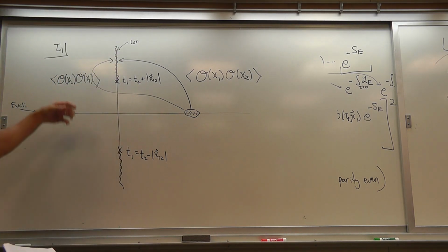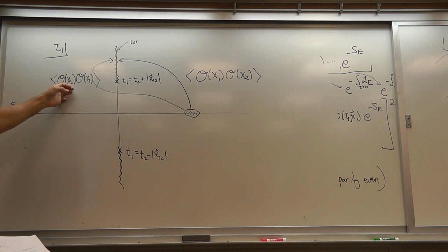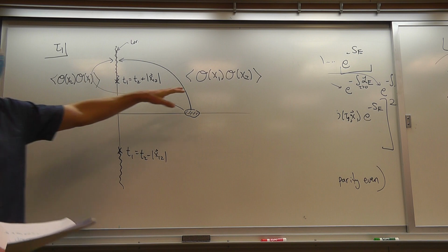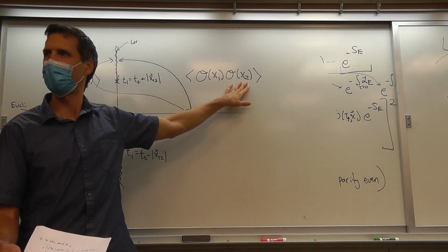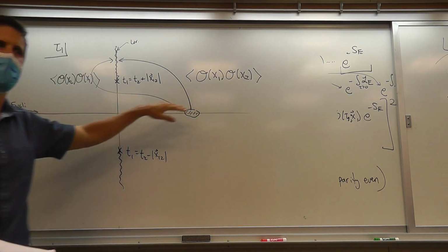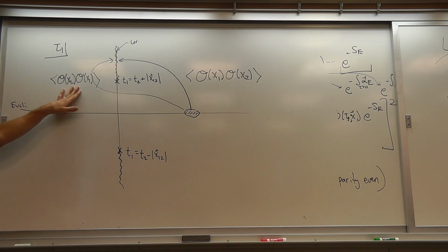But the point is, let's think about it in reverse. Say we started in Lorentzian signature, and we just had two totally different objects. O of x1, O of x2 was one object that we had in our Lorentzian theory, and O of x2, O of x1 was another thing we had in a Lorentzian theory.